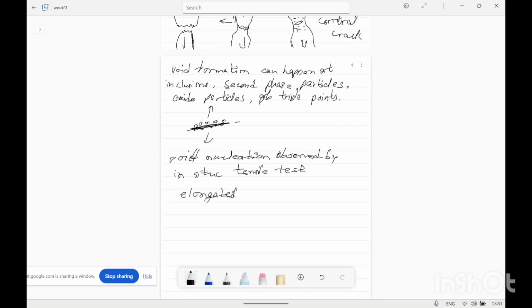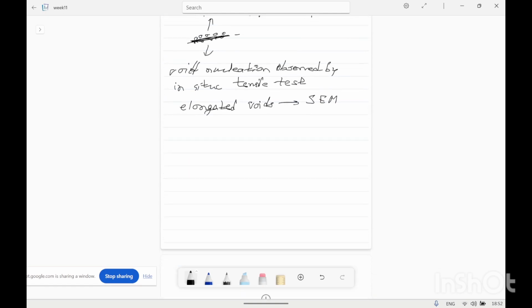So by scanning electron microscopy, we can confirm that the voids elongate and then coalesce, that leads to cup and cone fracture. So these are the two modes of nucleation of crack. This is the fracture behavior of a ductile metal.